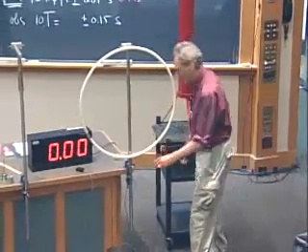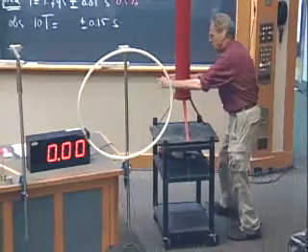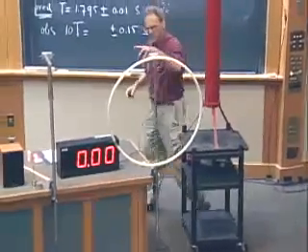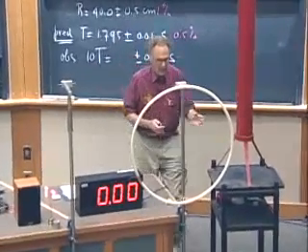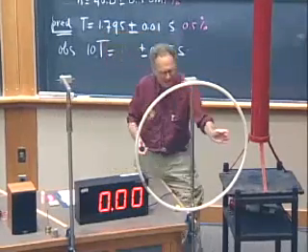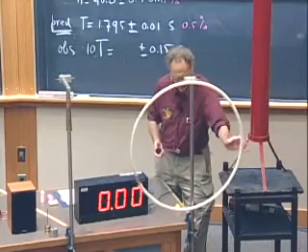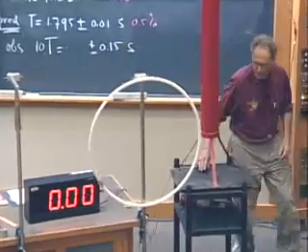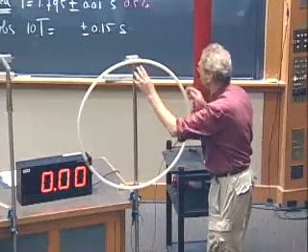I always like to start the timer when the object comes to a halt. That is a better criterion than when it goes through equilibrium. And even if I did look at it, there's no way I can stop the timer exactly when I want to. So we'll give it an offset. I first want it to swing in a way that it's not wobbling, because I make a very strong prediction.